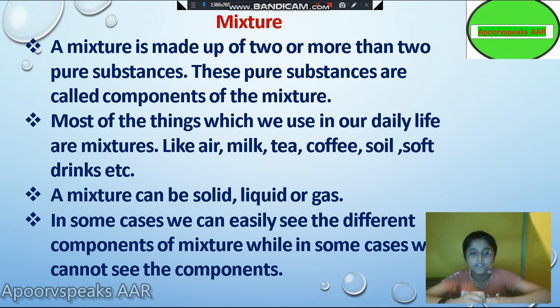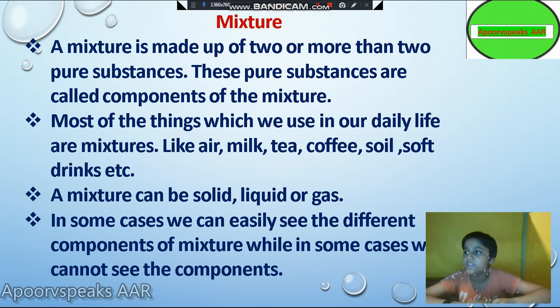In some cases, we can easily see the different components of a mixture, like the fruit salad, while in some cases, we cannot see the components. Like if I mix some sugar in milk, the sugar will completely dissolve in the milk.